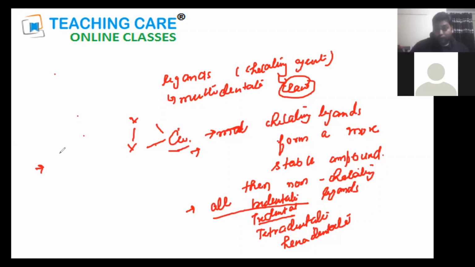The formula for ammonia is NH3, and it has a charge, which is very important. You can write a table with name, formula, then charge, then the name of the ligand. From here your nomenclature started.